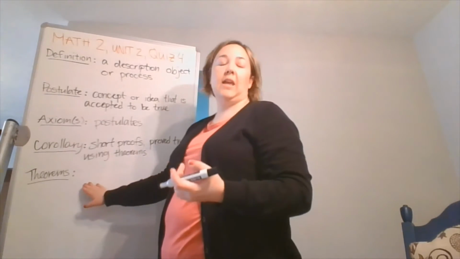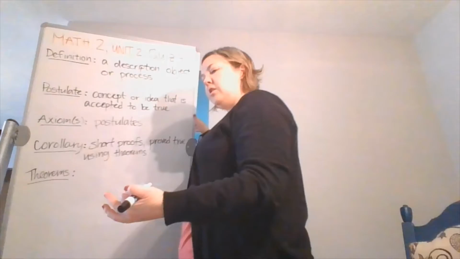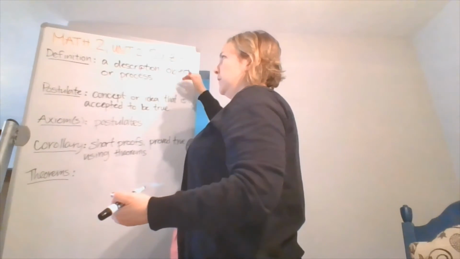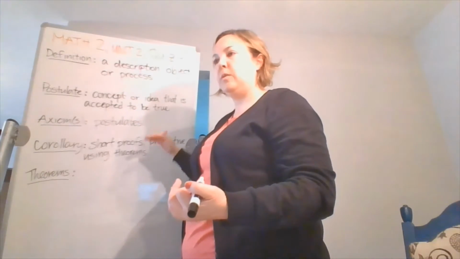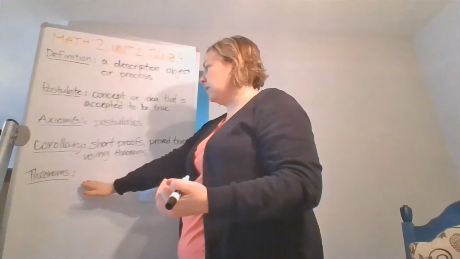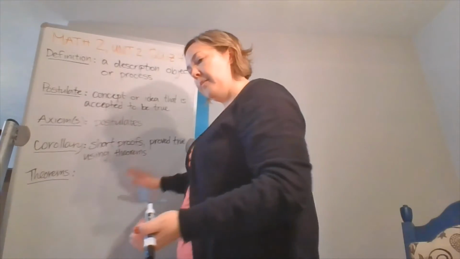Theorems take our conjectures and prove them to be true. You begin with the conjecture and you go through definitions, postulates, axioms, corollaries, whatever you need, and you prove that that conditional statement is true, and then it becomes a theorem.